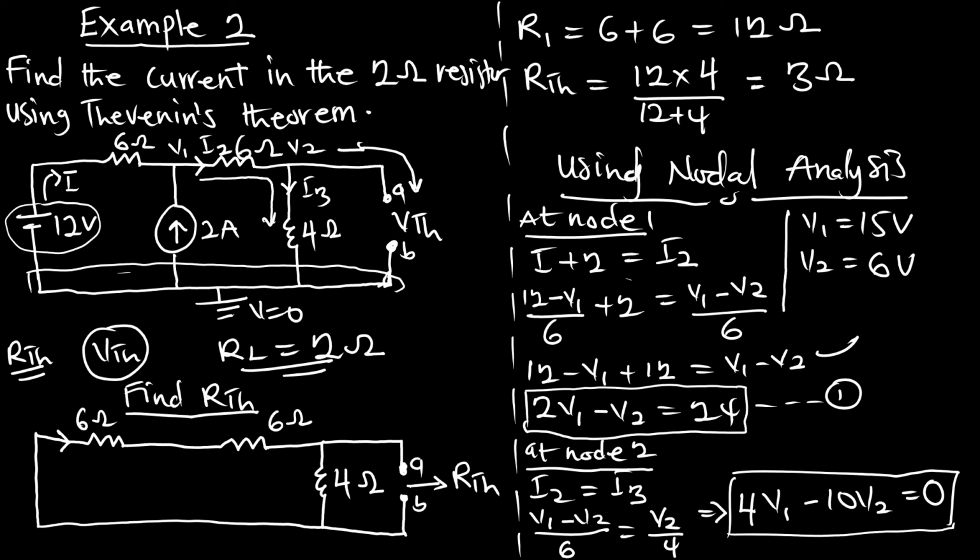Nodal analysis. This V2 means the voltage across the terminals. This part is 6 volts. And you know that this is parallel to the VTH. This V2 is parallel to the VTH.